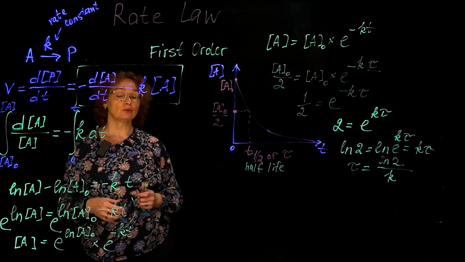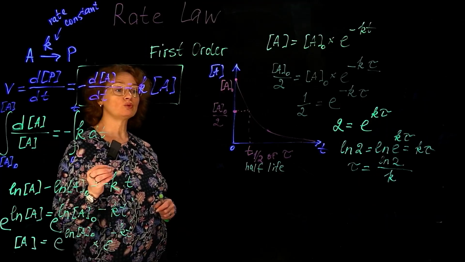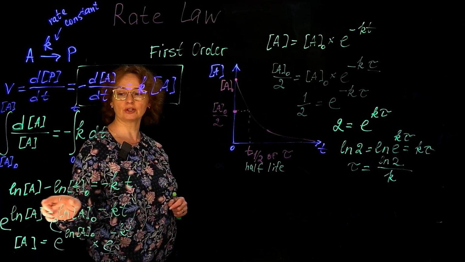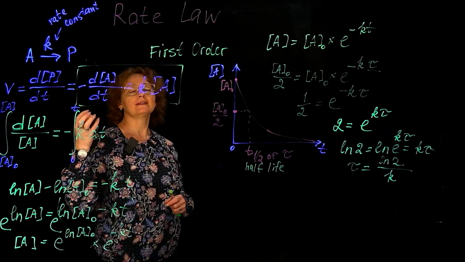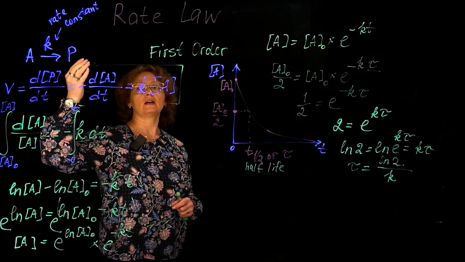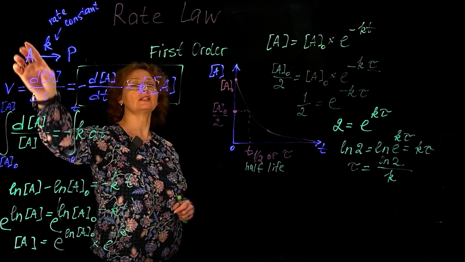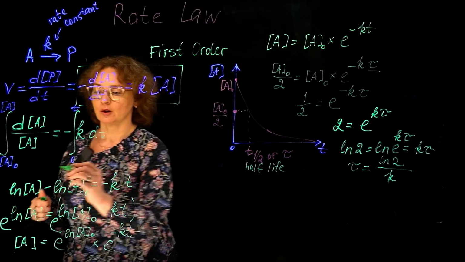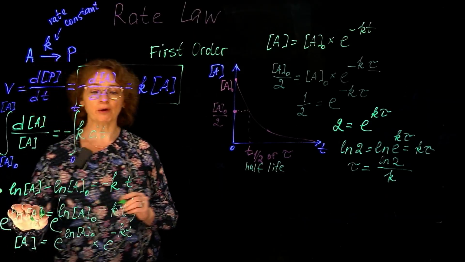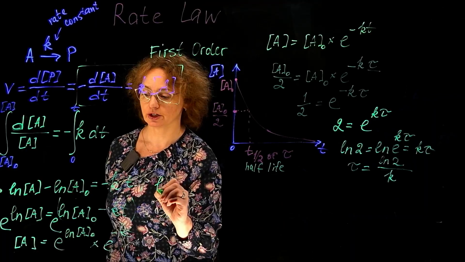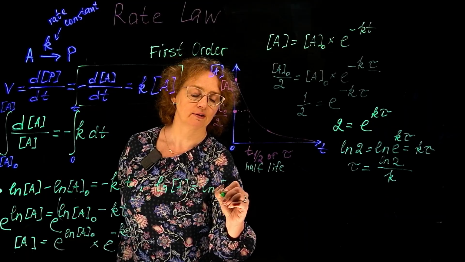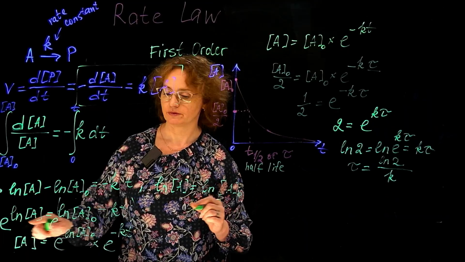And the best way to determine it experimentally would be to test the rate, the velocity of the reaction, or pretty much test how the concentration of the reactant decreases over time. And we can go back to that equation and rearrange it like that, as we rearranged it before, before I changed it into the exponent.